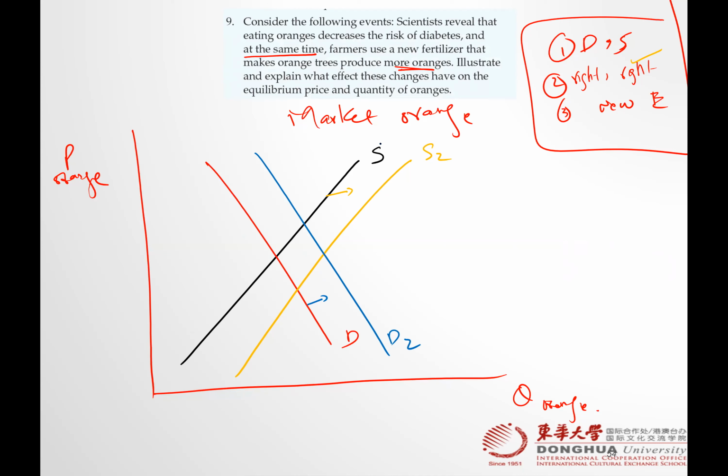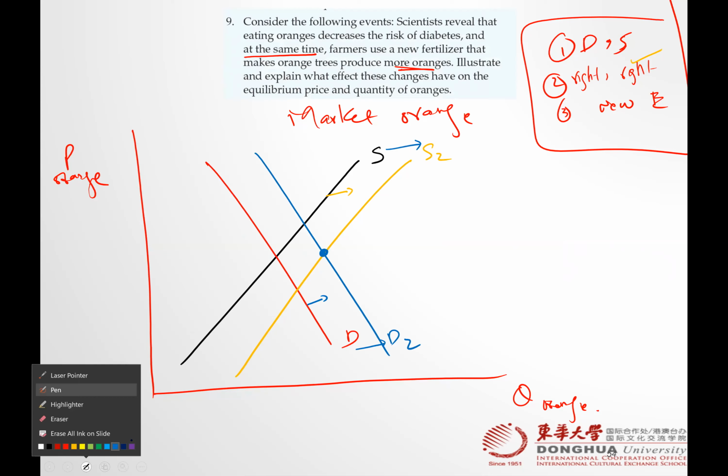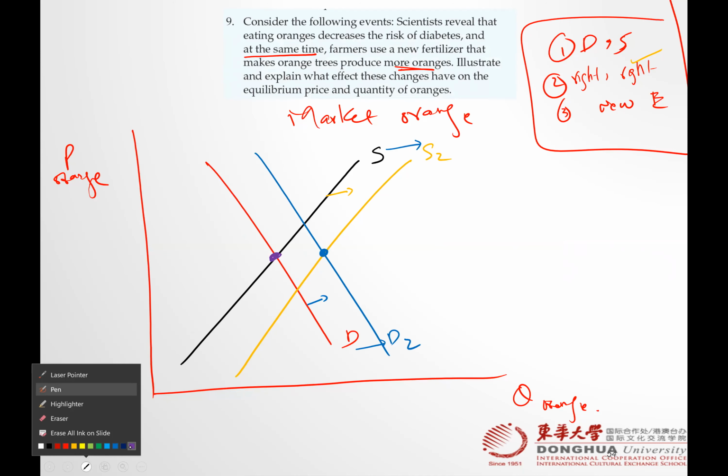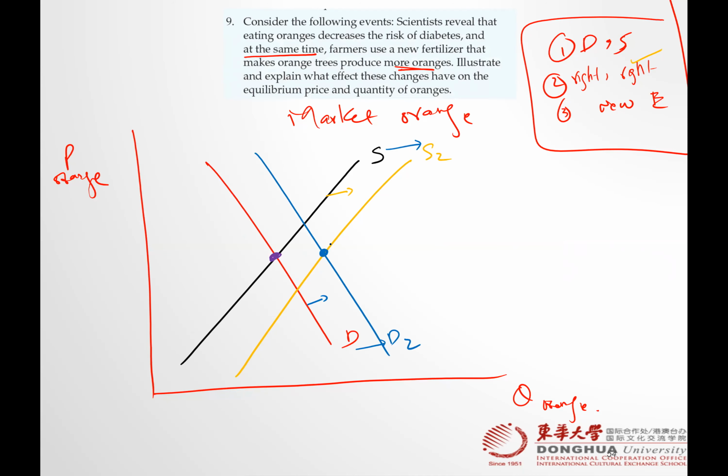Because supply already shifted and demand already shifted, right? So our previous equilibrium was here, right? And our new equilibrium is now here.